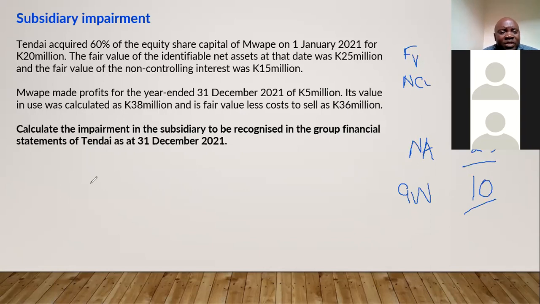So here first we want to establish the carrying amount. So the carrying amount will have the net assets at acquisition, which is 25, right?